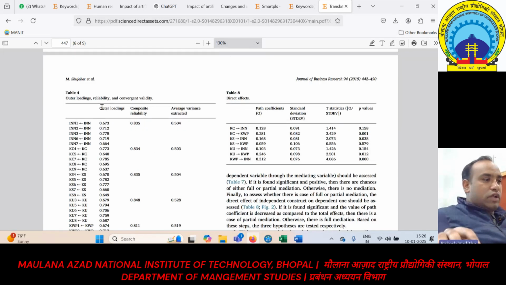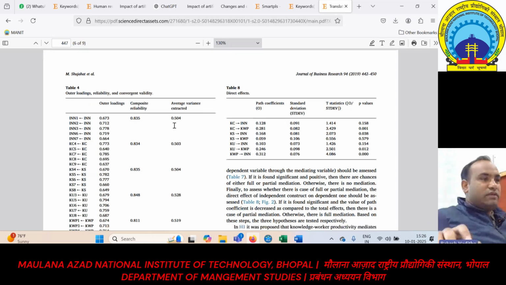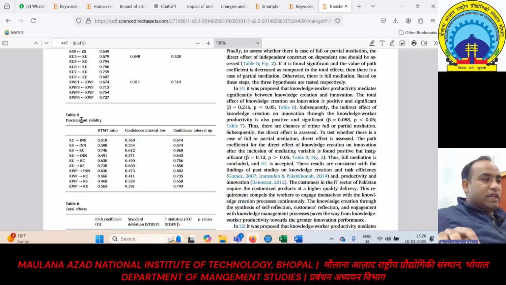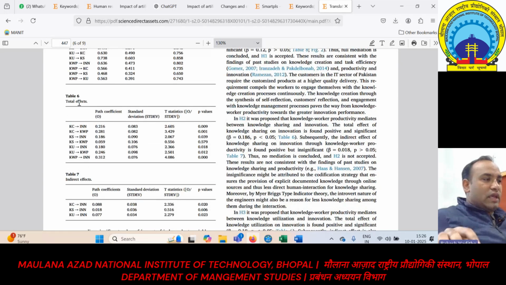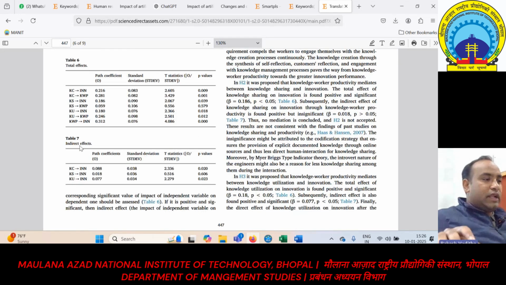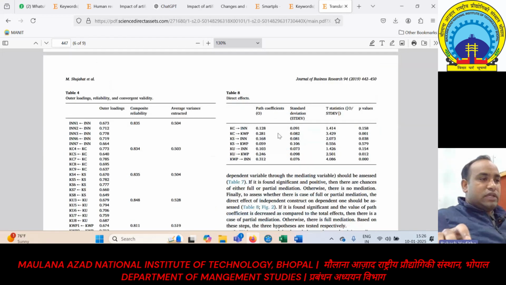Same as our study, he mentioned outer loadings for each item, composite reliability, average variance extracted, and the HTMT matrix. Here the total effects mean direct effect, path coefficient, standard deviation, t value, and p value. The indirect effects are similar, and for the direct effects he mentioned the same path coefficient, standard deviation, t values, and p values.